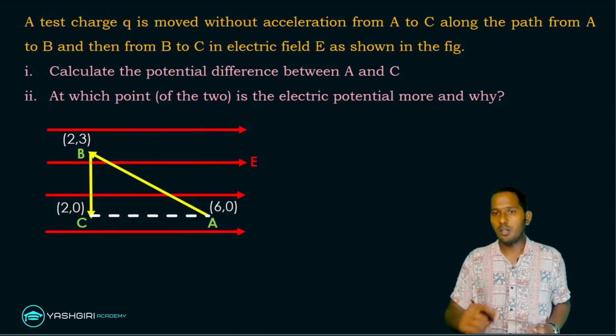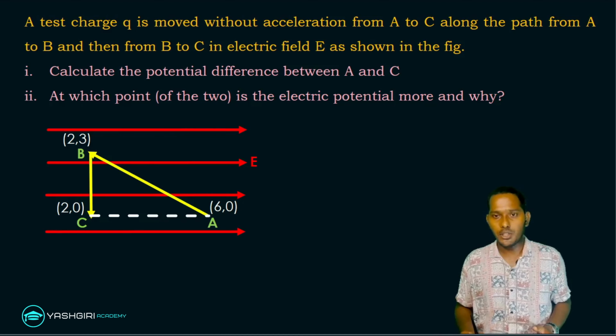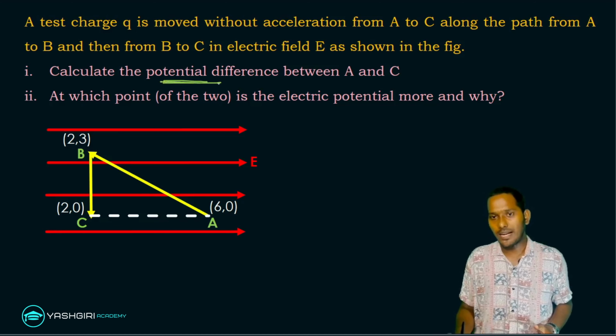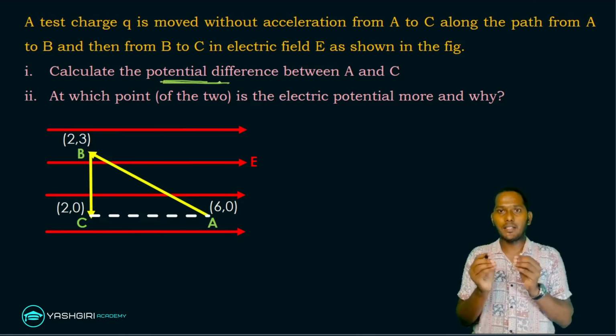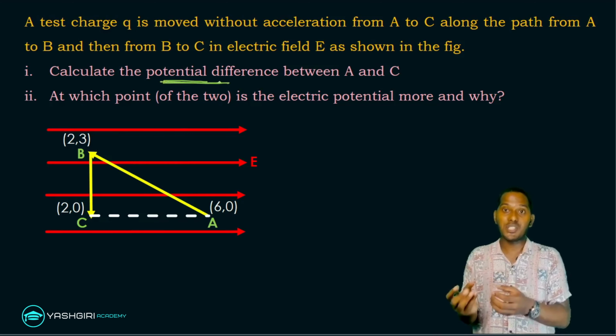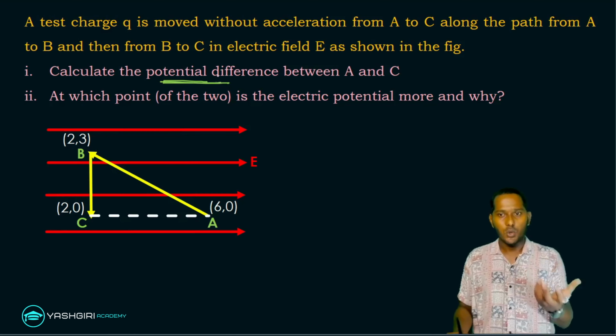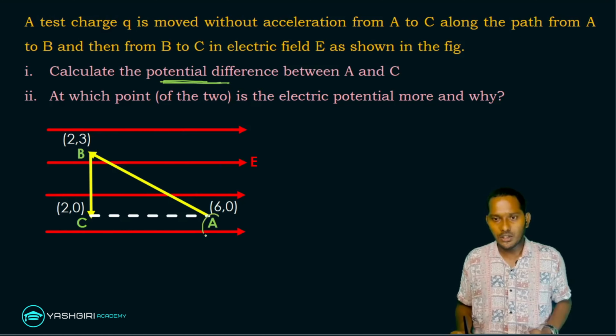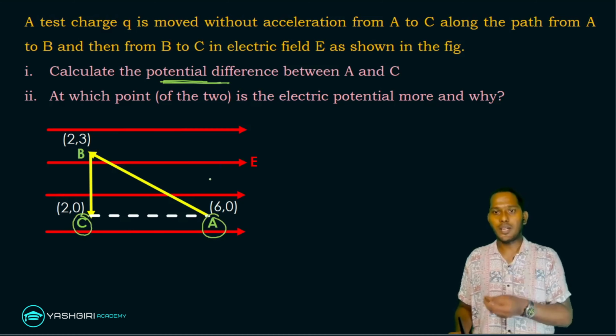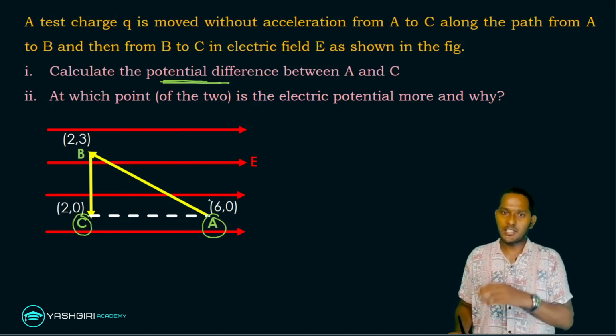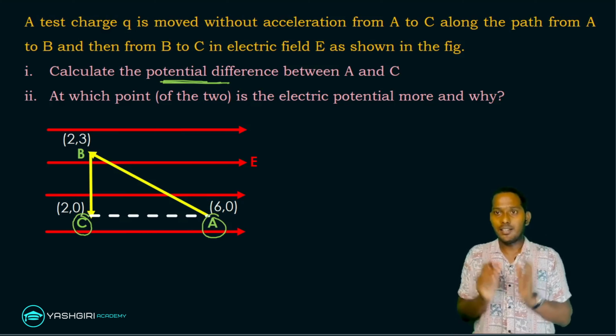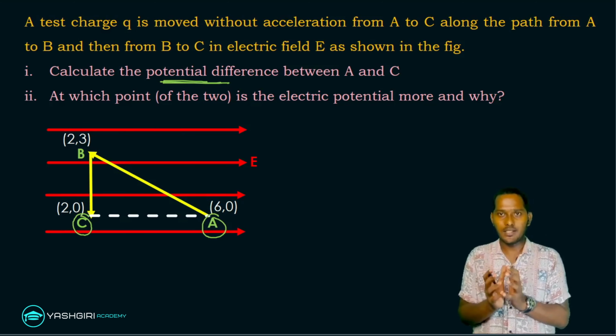Now students, when you see a potential difference, we know that it doesn't depend upon the path along which the test charge has been moved, right? So here we are interested only in the initial position of the test charge and the final position, right? Though in this question it has been told that the test charge has been moved from A to B and then from B to C, for us, we know that we are talking about conservative forces.